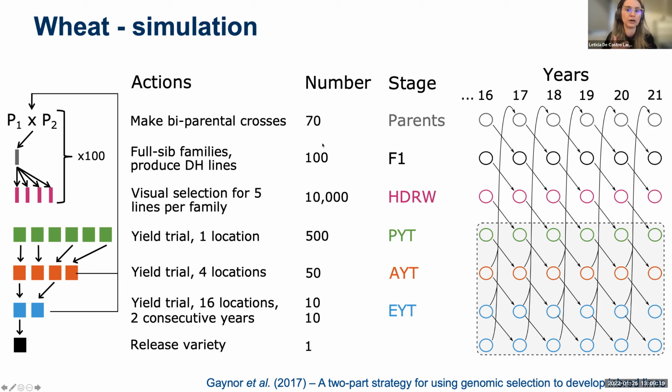the genome doubled, giving us 10,000 head rows. At this stage, we simulated visual selection, here with a low trait heritability of 0.1, and we advanced the 500 best plants to the preliminary wide trials.